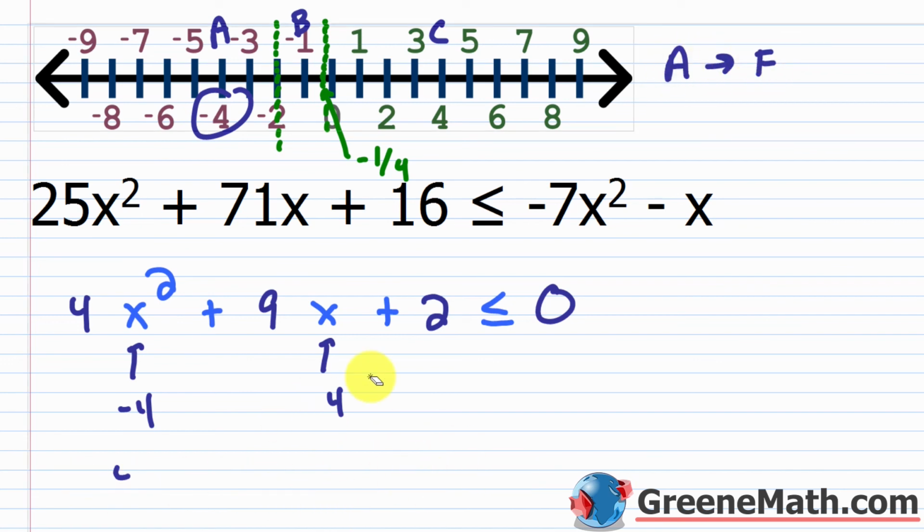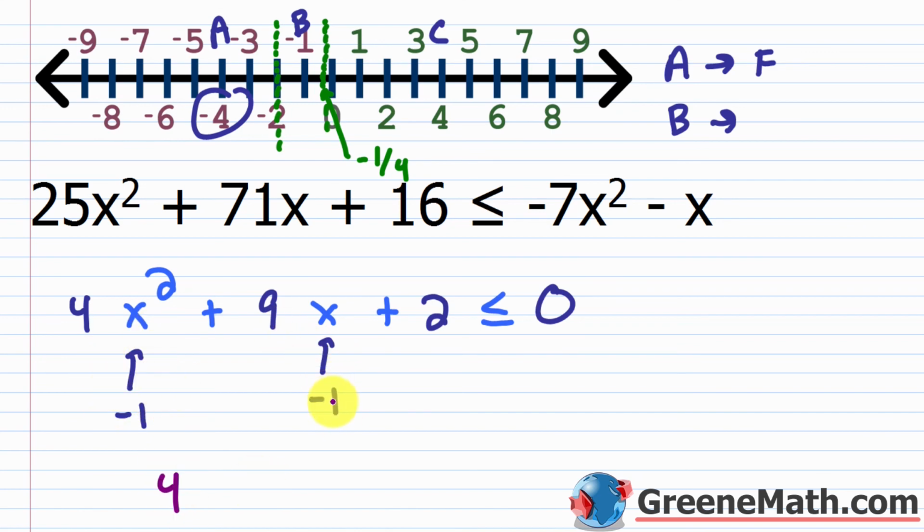So let's erase this. And now let's look at something in interval B. So again, the way most of these work, if something in interval A doesn't work, then B will work and C won't work, okay? So for B, let's pick negative 1. So let's plug that in here and here. So negative 1 squared is 1. 1 times 4 is 4.